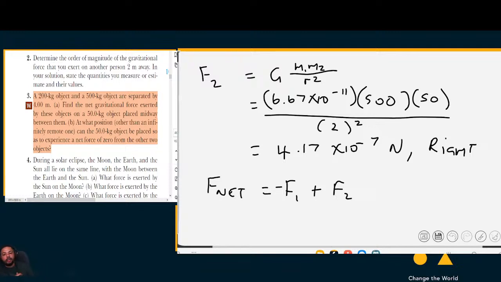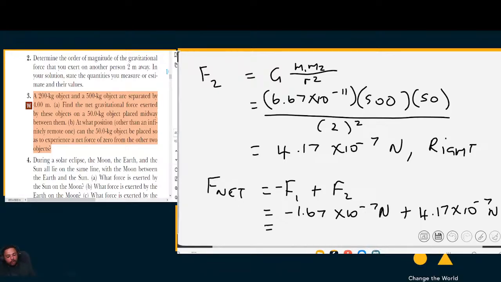Negative because I'm choosing right as positive. Remember, F1 was 1.67 times 10 to the negative 7 newtons, plus F2, which is 4.17 times 10 to the negative 7 newtons.